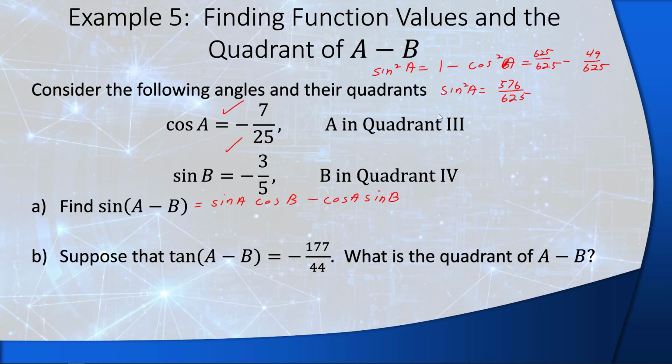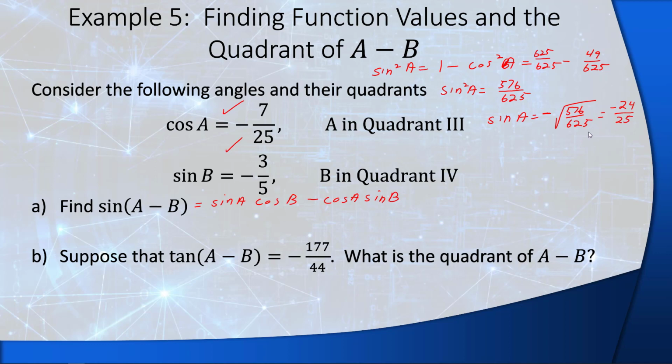All right, so with that, we can compute the sine of A. The sine of A is going to be equal to the square root of this. However, we are in the third quadrant, and when we're in quadrant 3, the sine of A is going to be negative, so we need to take the negative square root, and if we evaluate this, we will have negative 24 divided by 25, because the square root of 576 is 24, and the square root of 625 is 25.